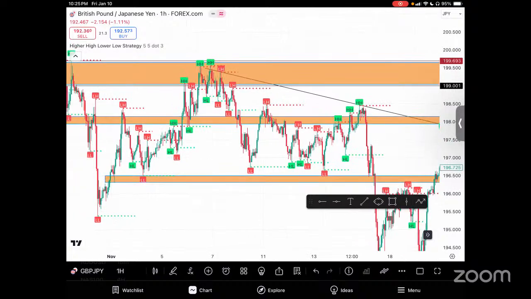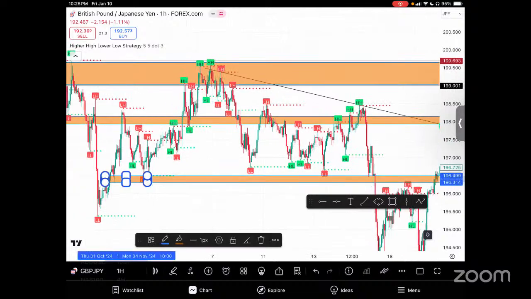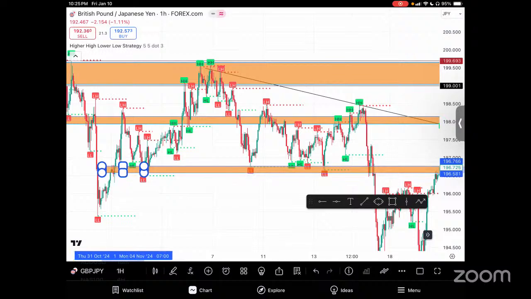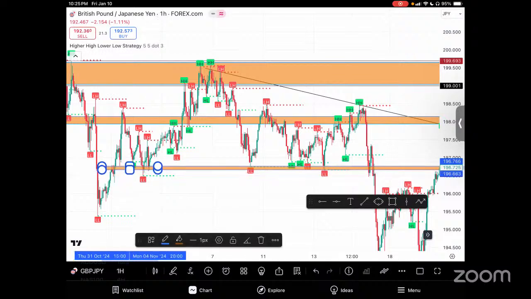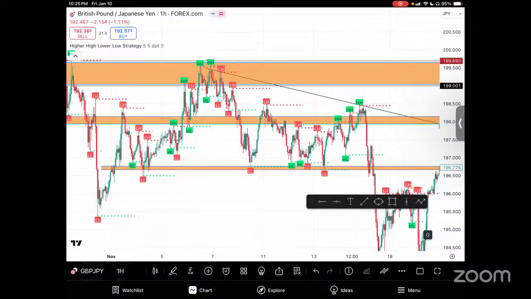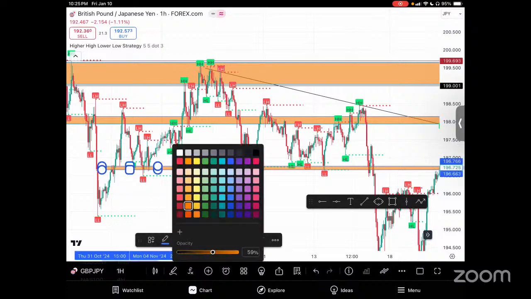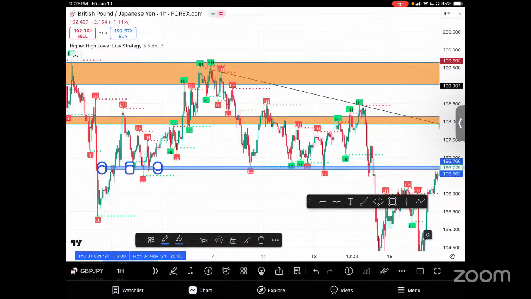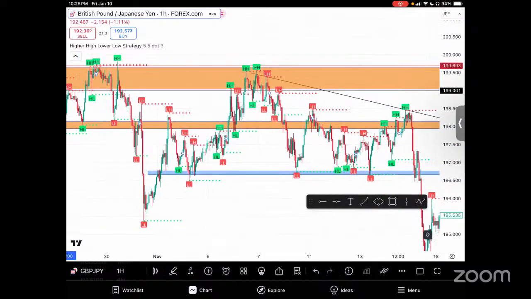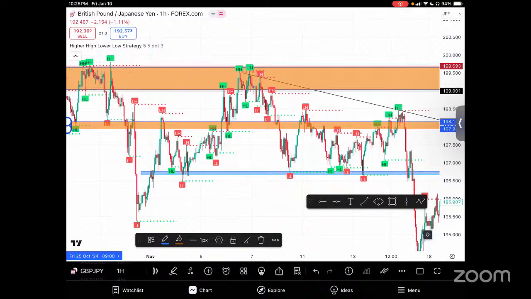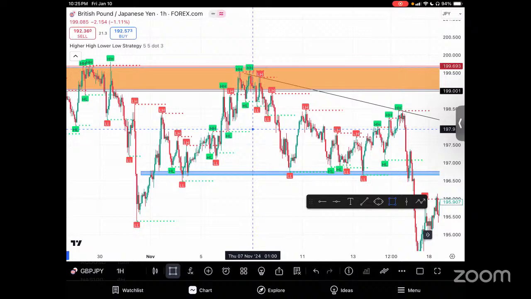So every time price, this was a buying opportunity from this zone. We're gonna make it light blue. I'm gonna change this zone, delete that zone, and mark off another zone, let's say, right here.